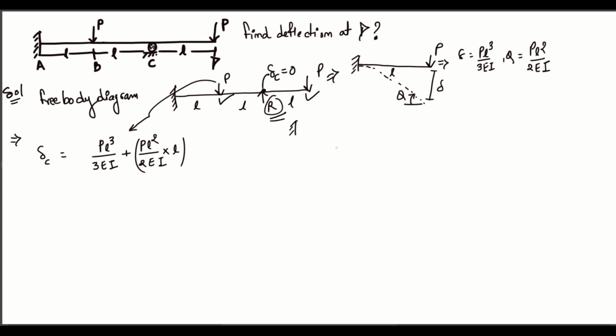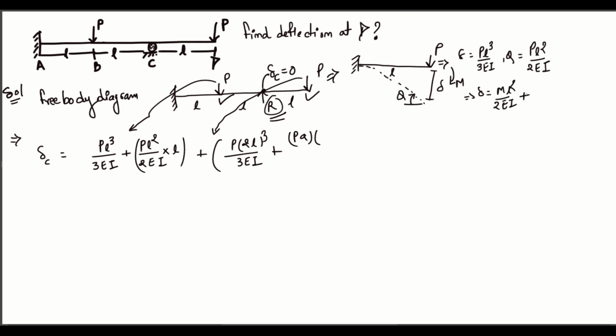Okay, so for this the expression will be plus P 2L cube upon 3EI plus PL, and if there is a moment applied at this point, then delta will be ML square upon 2EI, and theta will be ML upon EI.